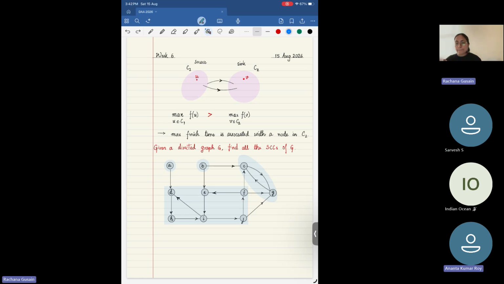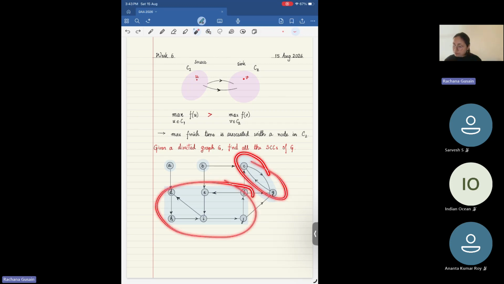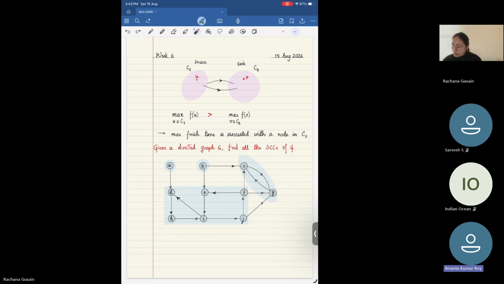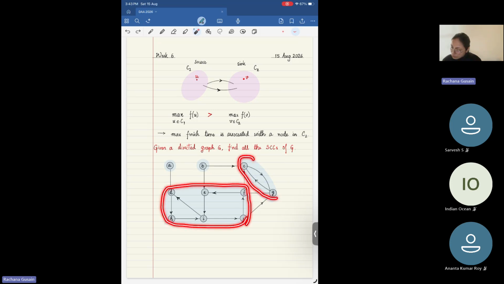Yes, ma'am. Ma'am, why can't we connect CG and the bigger strongly connected component? CG and, okay, you mean this one and this bigger one? Yes, ma'am. So if you look at the edges between this component and that component, what edges do I have?